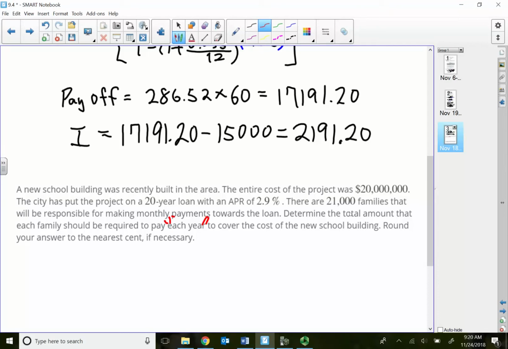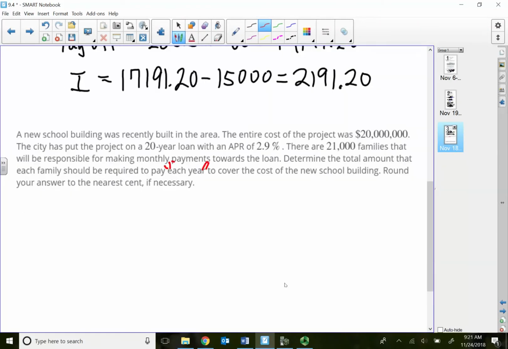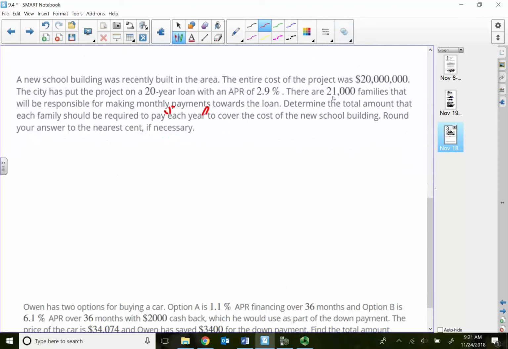But that's just monthly. Then we will go back and times by 12. If I can find what each family is responsible for per month, then I can times by 12 to figure out what each year is. So let's find out the city's monthly payment over the entire 21,000 families.